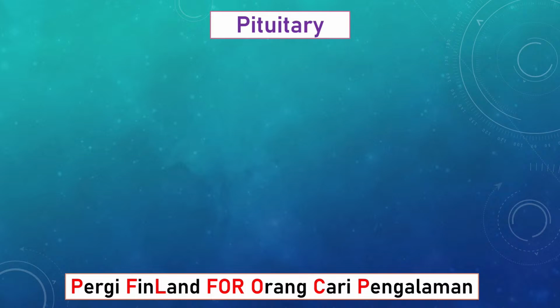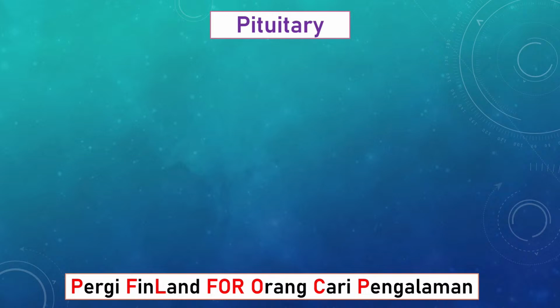Why teacher use that phrase? Because again, I want to use the alphabets to help us with this gland. You can even change that OCP. What I actually want here, class, is the PFL from Pergi Finland, FOR from the for, and OCP from the orang cari pengalaman. You can change this OCP if you want.